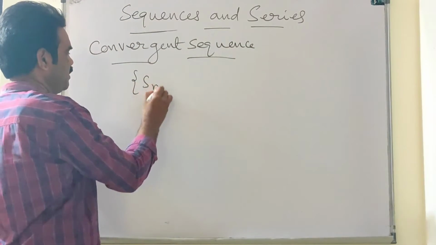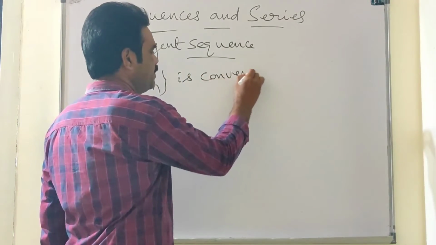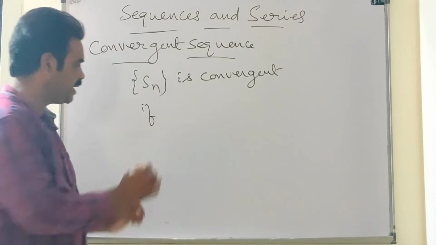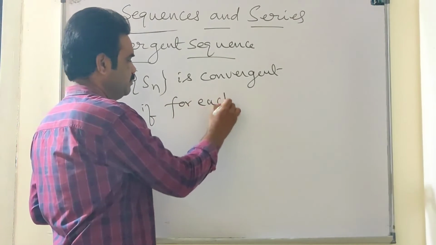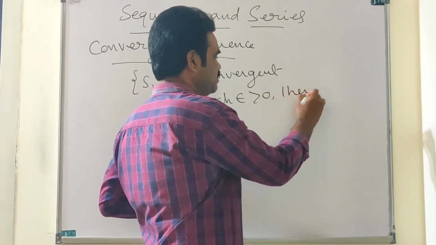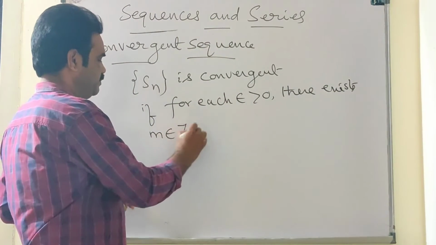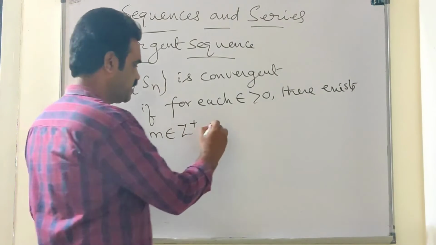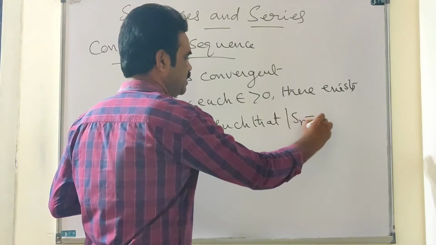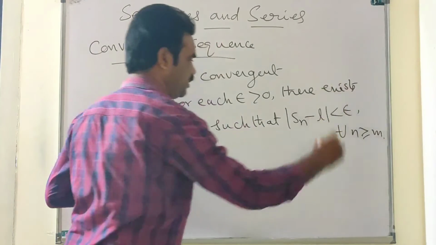A sequence Sn is said to be convergent if for each epsilon greater than 0, there exists a positive integer m such that modulus of Sn minus L is less than epsilon for all n greater than or equal to m.